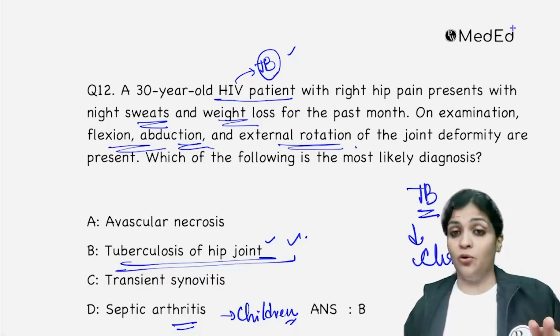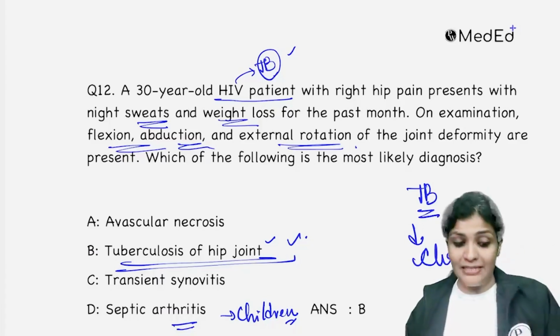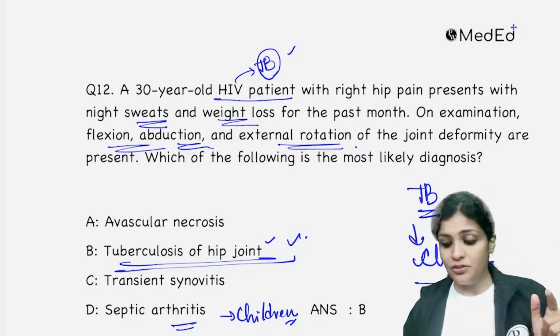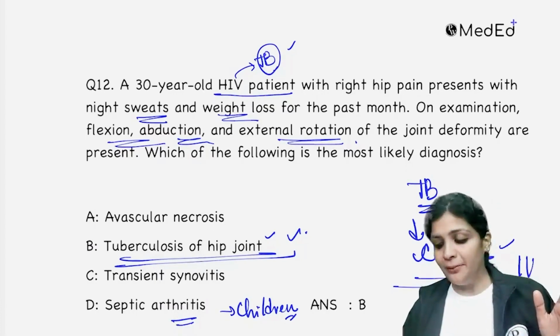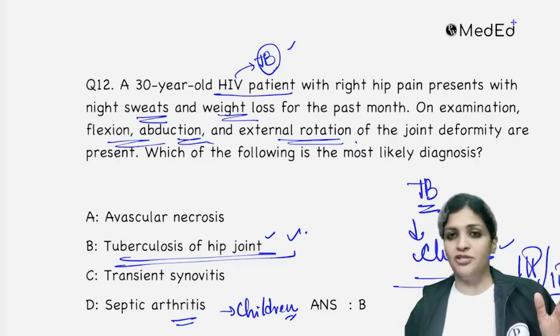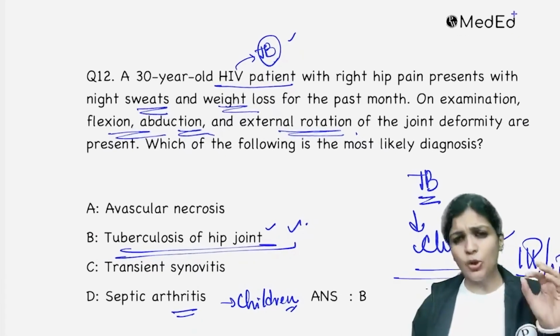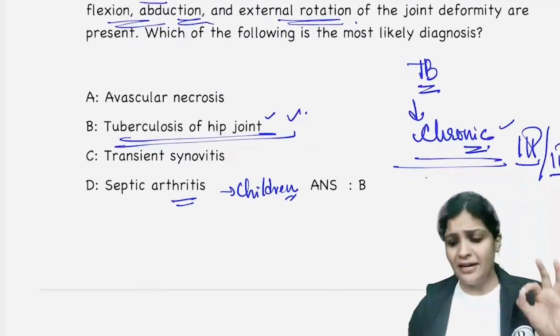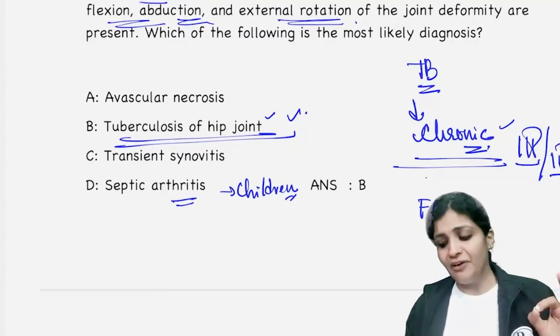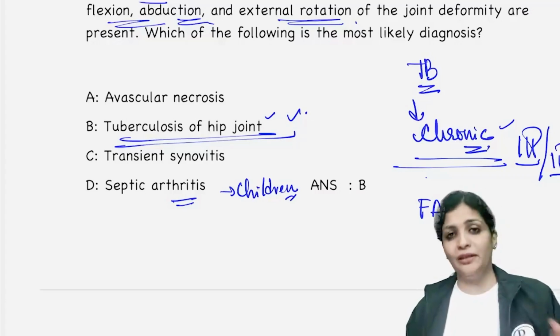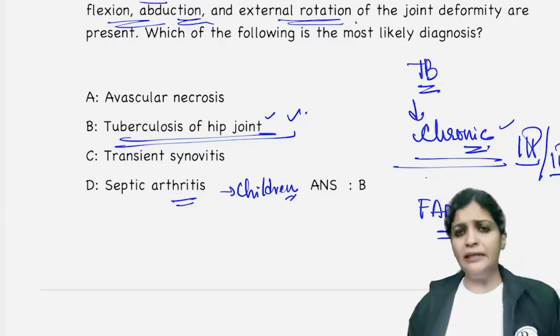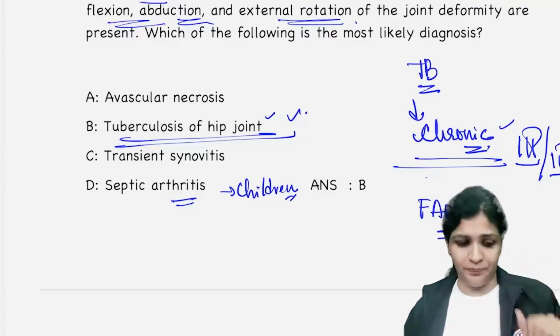Because he's already immunocompromised, because of this TB he has come in stage 1. Otherwise, if you want to diagnose a TB patient, usually they will come at the end of stage 3 or stage 4. It is a very, very slow disease. TB is a very slow disease. That is why usually we see Faber. But in this condition, because he is already immunocompromised with HIV, probably he can come with Faber also. Fine?